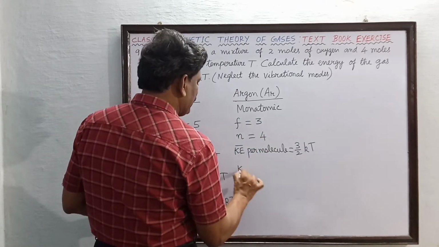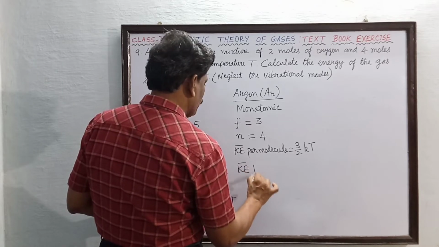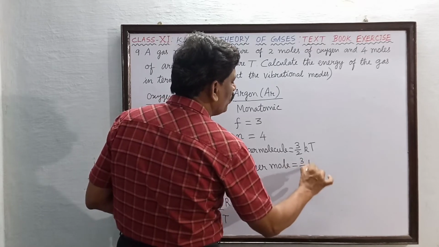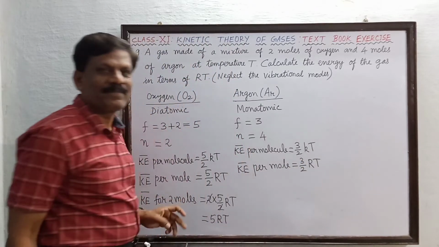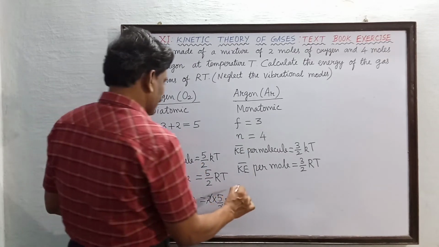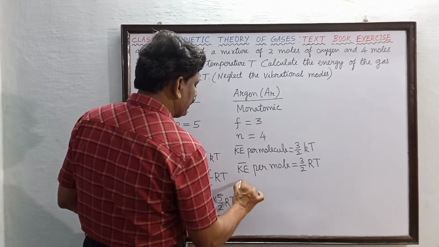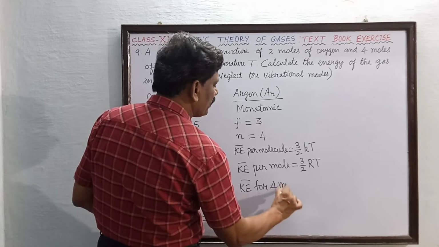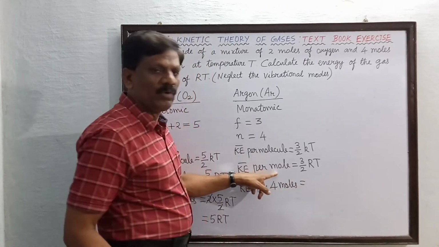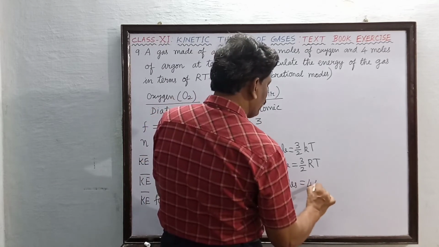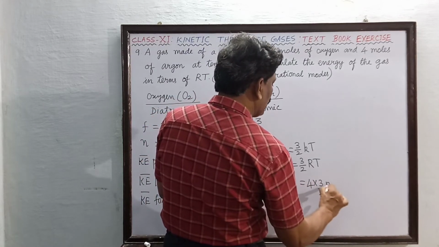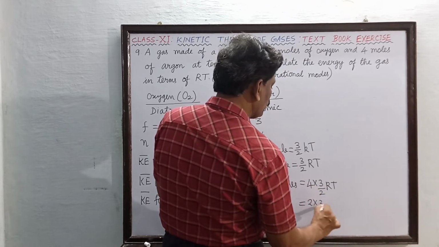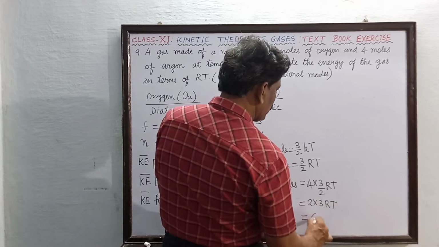And hence the average kinetic energy for 1 mole is equal to 3 by 2 RT. Similarly, for 4 moles, already we have written for 1 mole. Therefore, for 4 moles, it is 4 into 3 by 2 RT. So 4 by 2 is 2, so this is 2 into 3 RT, which is equal to 6 RT.